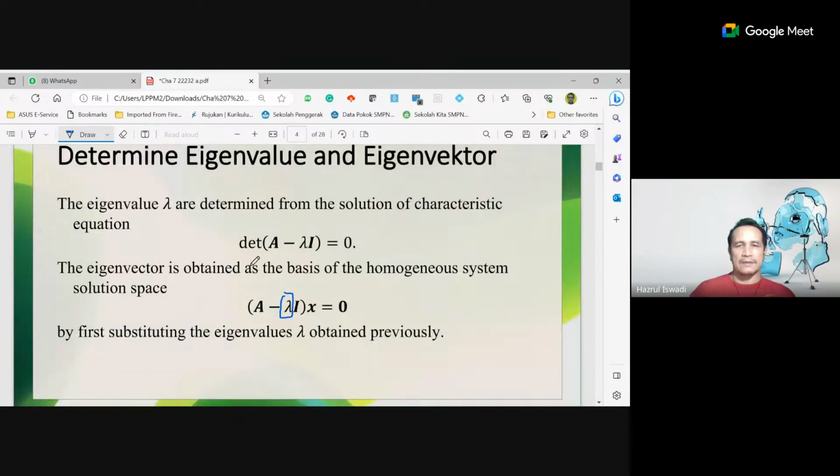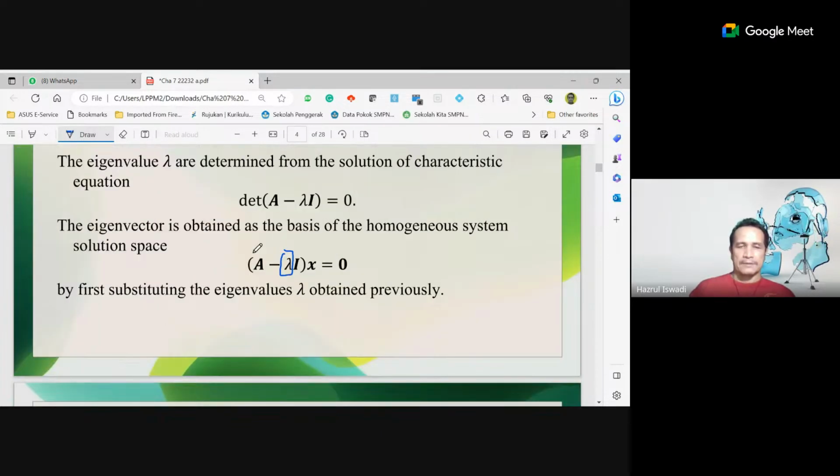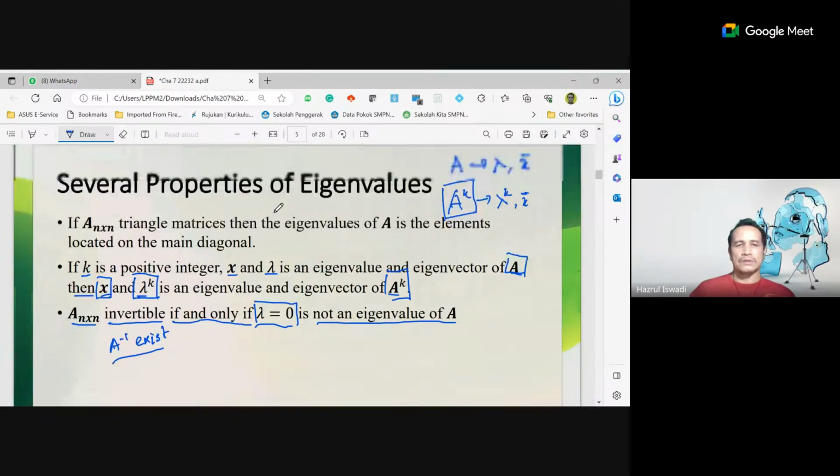This is the equation to find the eigenvalues of matrix A, and this is the equation to find the eigenvectors of matrix A. We substitute eigenvalues from the previous step.